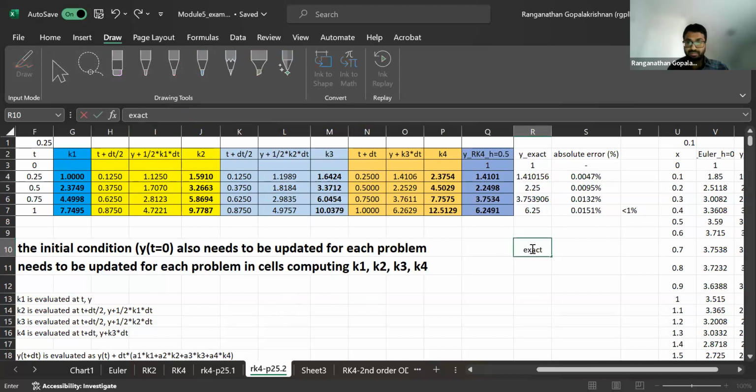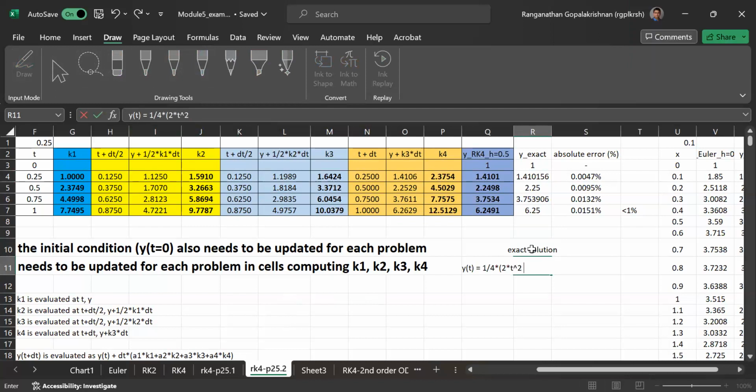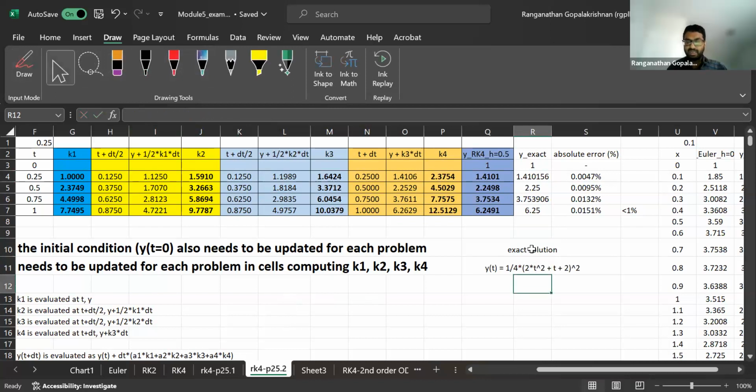Exact solution: y of t equal to 1 by 4 times 2 times t squared plus t plus 2, the whole square. That's the exact solution. So if I put this formula up here, my error percentages are pretty respectable, 0.01%.